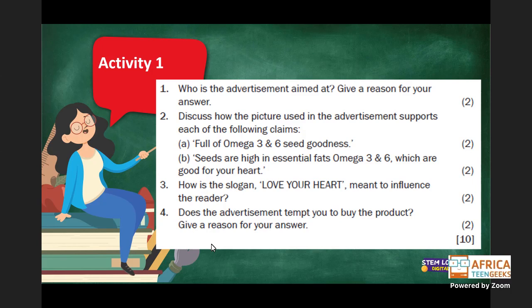Okay, great stuff. So number 4, does the advertisement tempt you to buy the product? Let's go back. So would you consider buying the product?